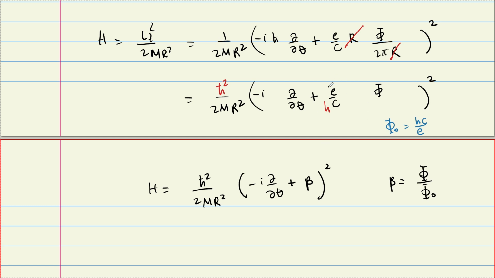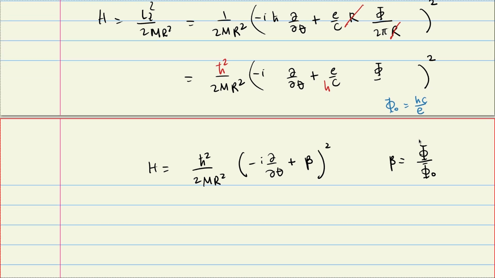I just redefined this and put it in that form. There was also a 2 pi here that cancelled the h bar, right? This was h bar, 2 pi, and this 2 pi. And that's the official flux quantum. It is defined without h bar, in terms of only the natural constants h, c, and e.